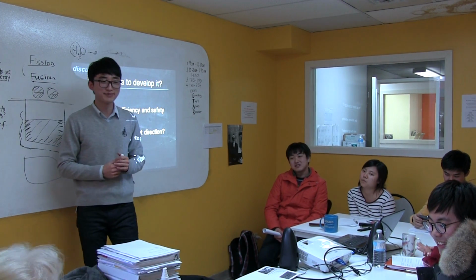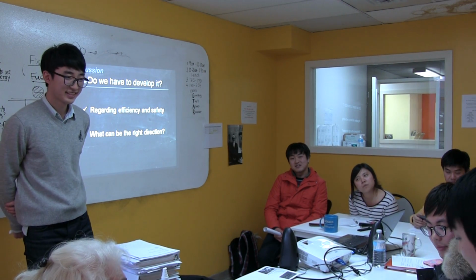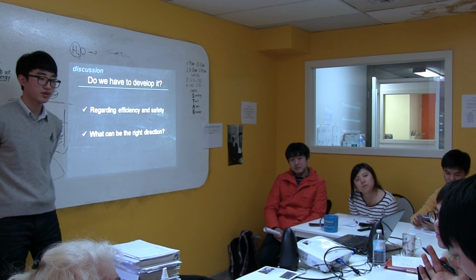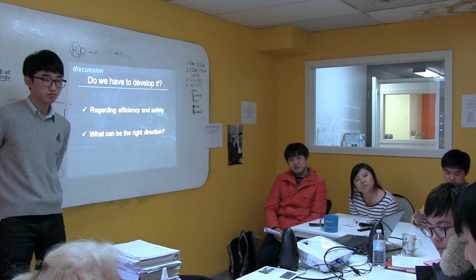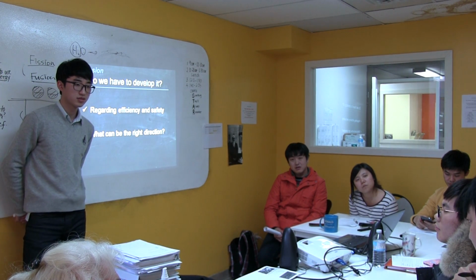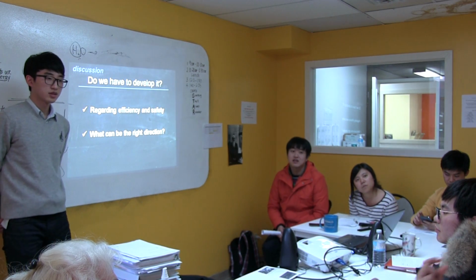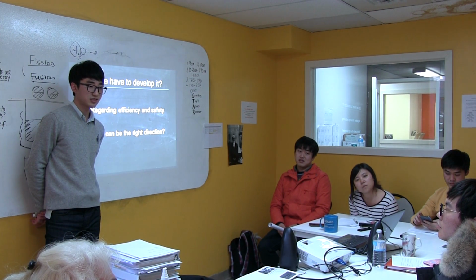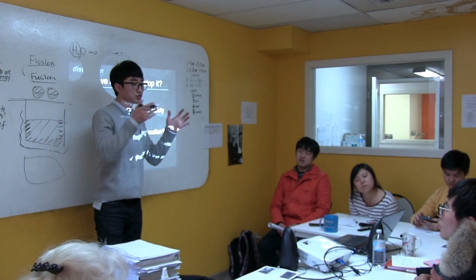How about this group? We think we should develop another source, like a natural source, wind or thermal. We talked about thermal. For example, Iceland uses thermal energy, and hot countries can use solar energy. So it depends on the location and environmental condition, and they can choose the suitable ways.